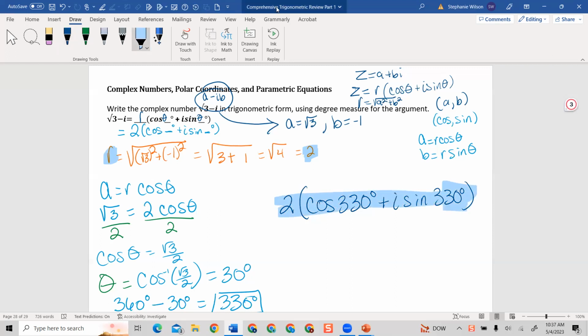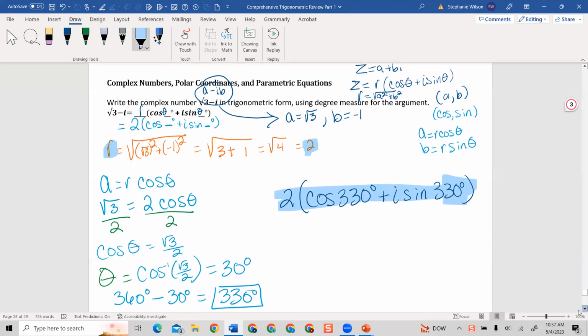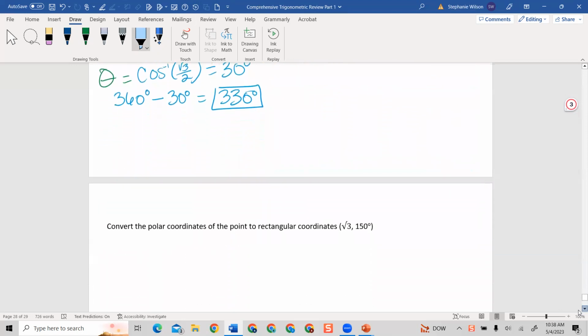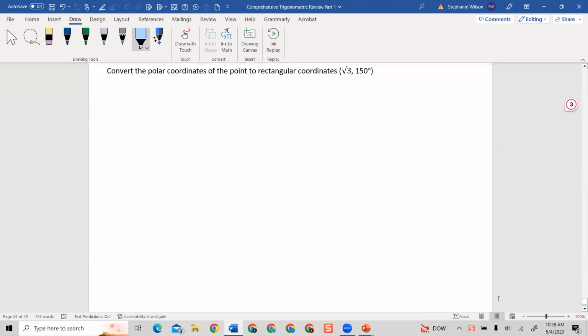Okay, let's do our next example. Our next example says, convert the polar coordinates of the point to the rectangular coordinates: square root of 3, 150 degrees.